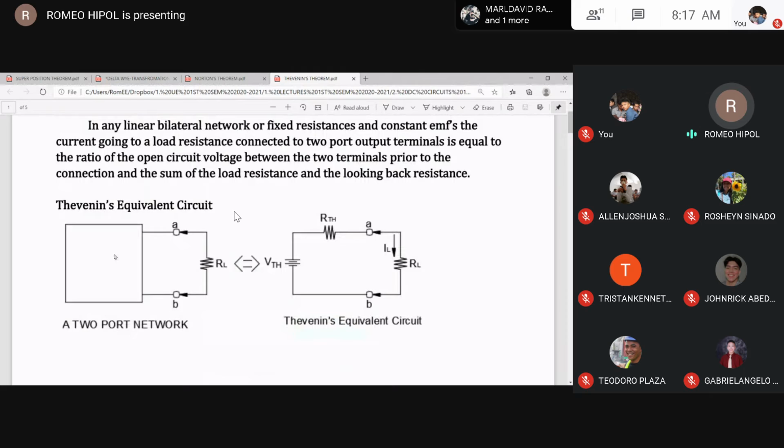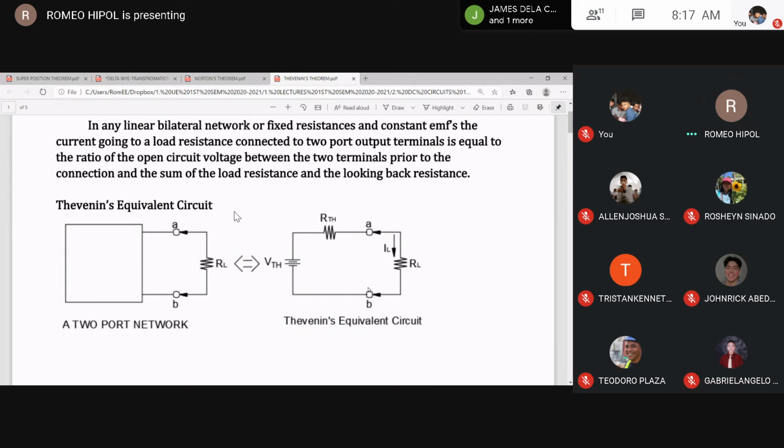So, initially, we have a complex circuit, tama? And then we have what we call the two-port network. So, we have to convert the initial circuit into what we call the Thevenin's equivalent circuit.